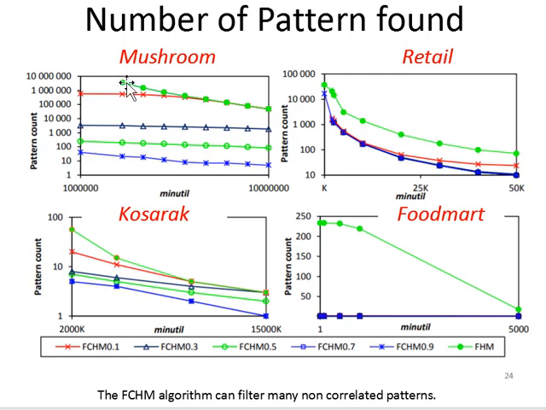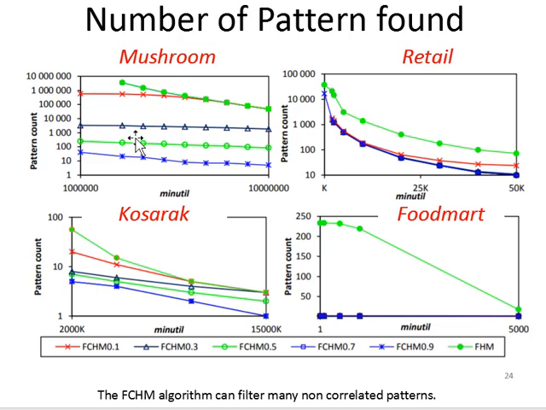So here, for example, if you look at Mushroom, there can be more than about 1 million high utility itemsets. But if you set the minbound to 0.9, you find less than 100 patterns. So that means using the bound measure, you can filter a lot of non-correlated patterns.